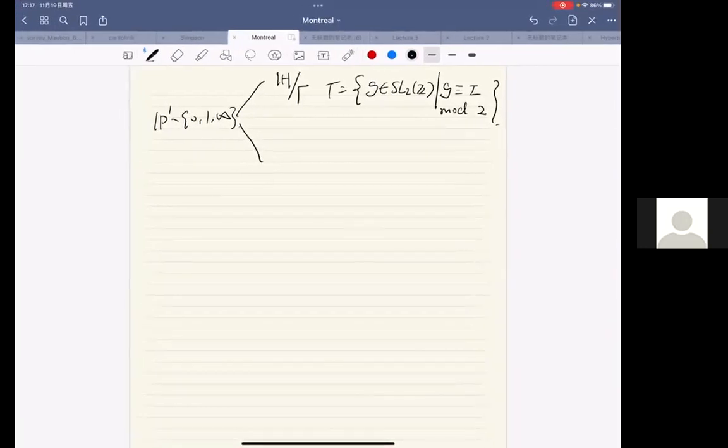And another point of view is that it is the base of the Legendre family of elliptic curves.